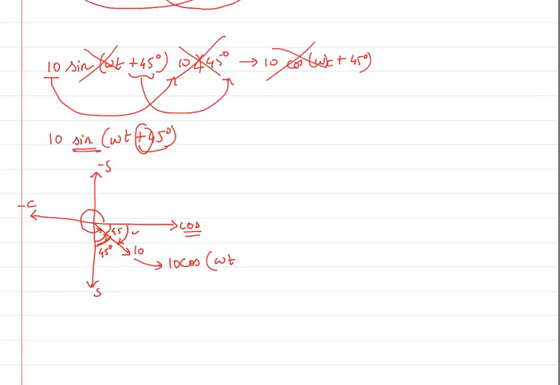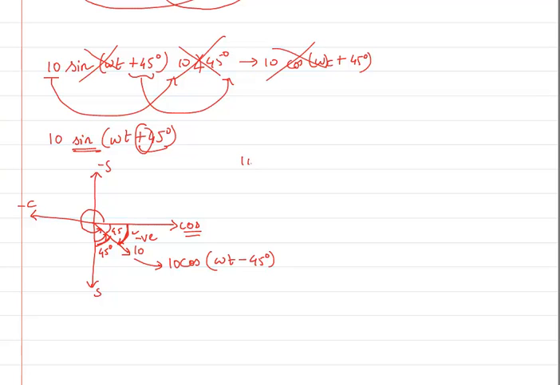Now this is in clockwise direction or anti-clockwise direction? This is clockwise direction, and clockwise direction is always taken as negative. Correct? So this will be minus 45 degree. So what does it mean?